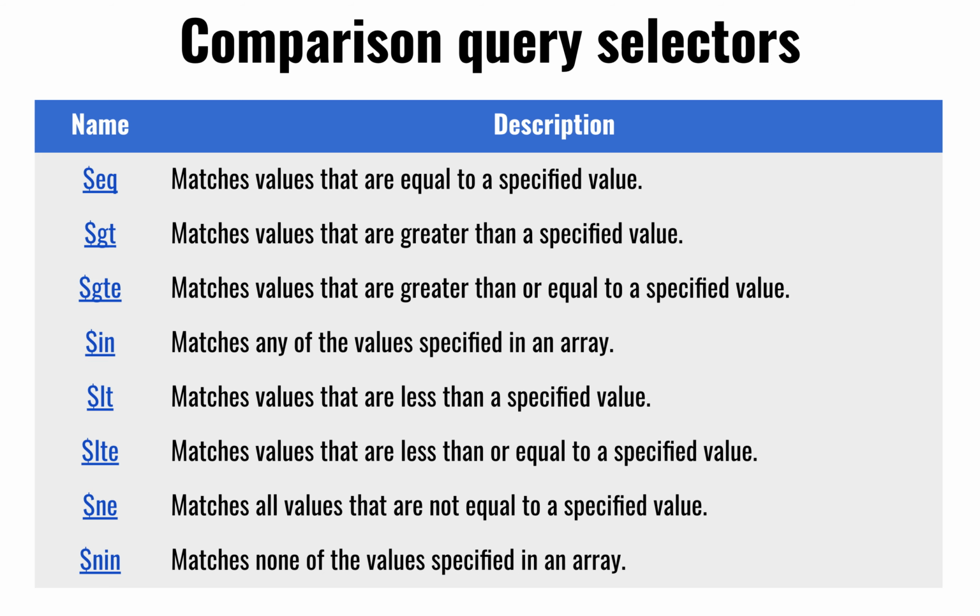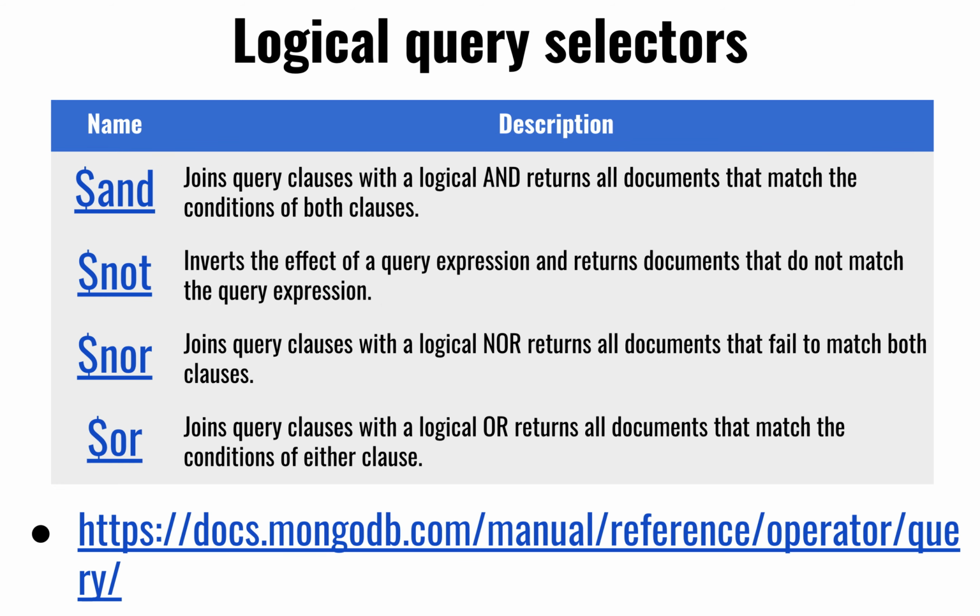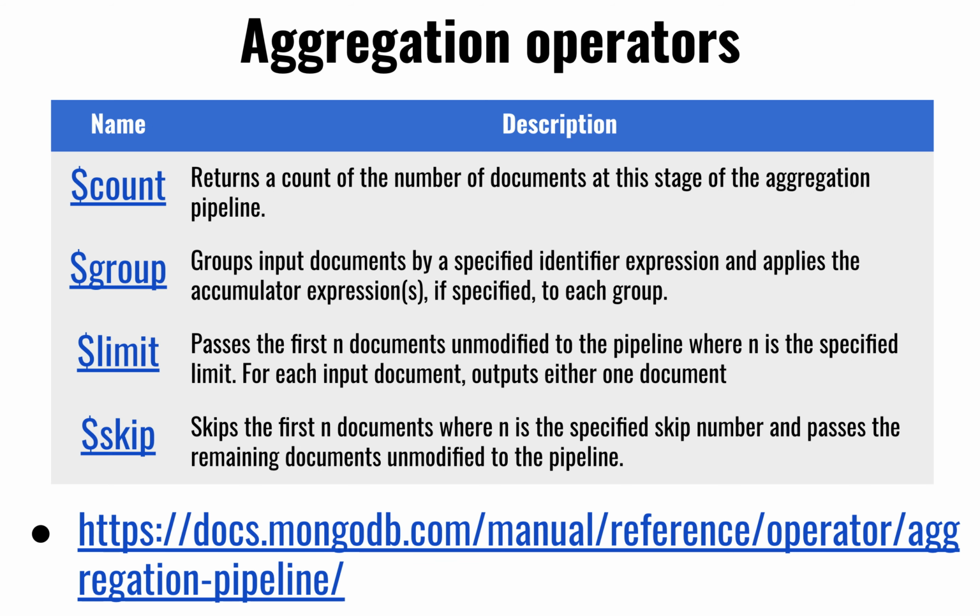So there's quite a few operators. There's a couple of Boolean operators: and, not, nor, or. Here's a link to the documentation if you want to take a look at that. There's also a couple of operators where you can group, like you can group by a particular field. You can skip, count how many records came back.